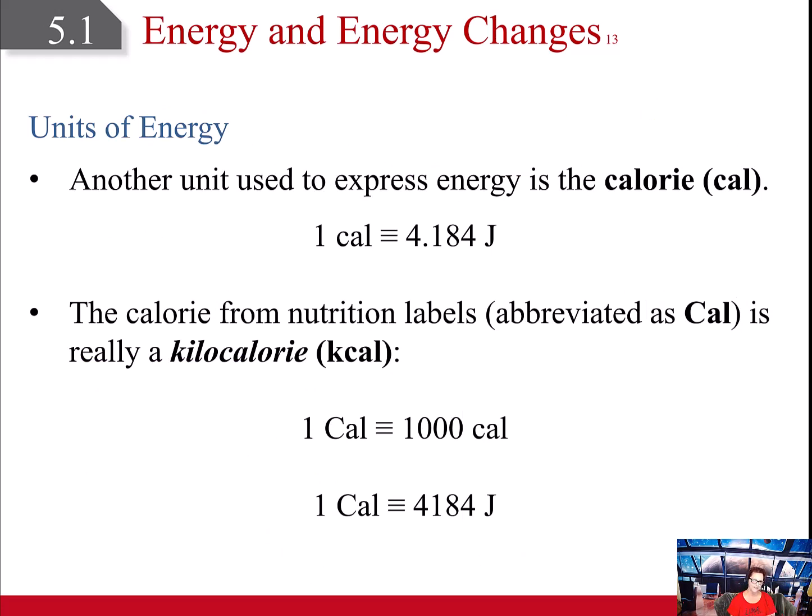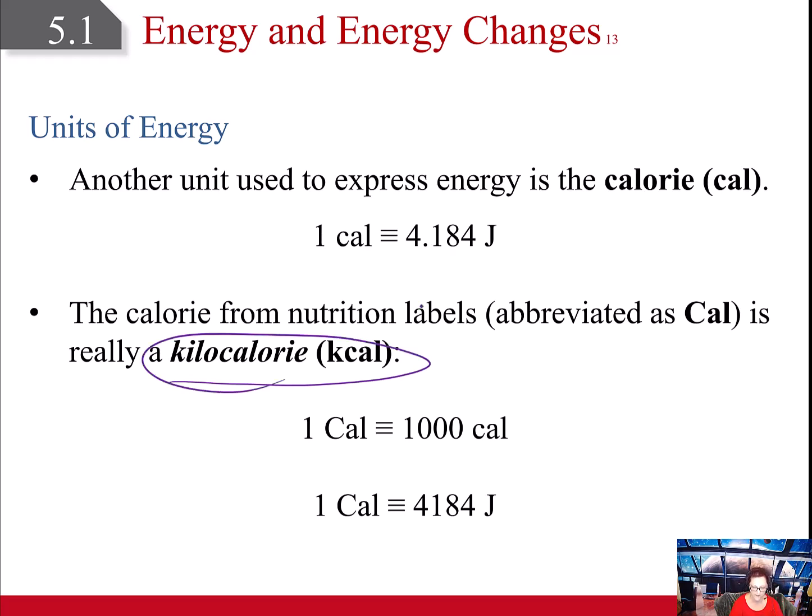One other unit that you may be familiar with is the calorie. So how many calories is in that breakfast bar or whatever? When we're talking about calories in nutrition, we're really talking about kilocalories.